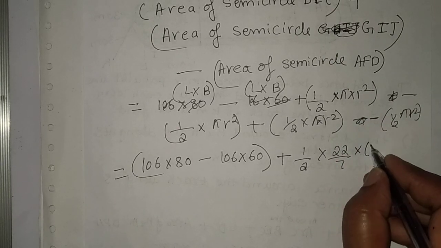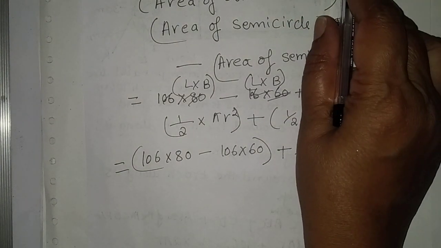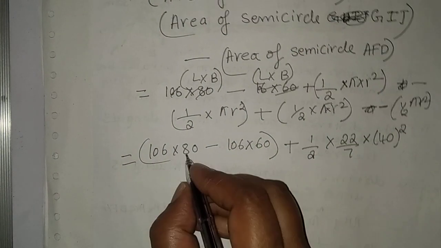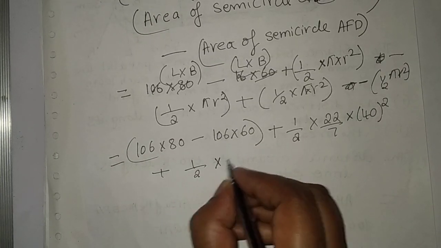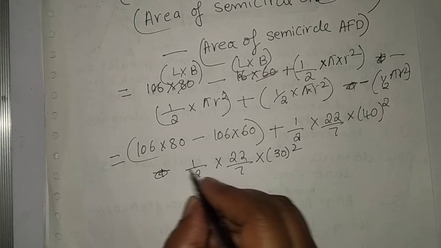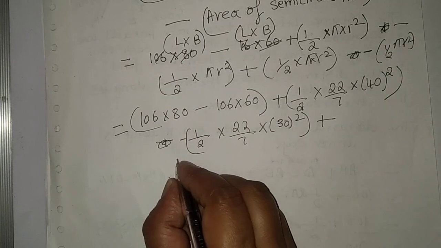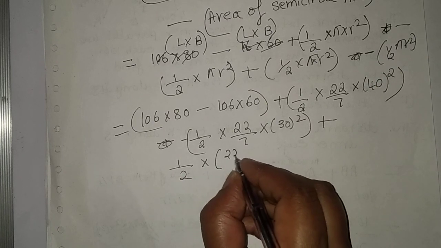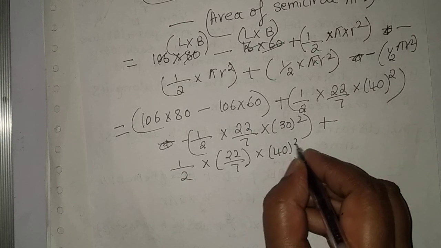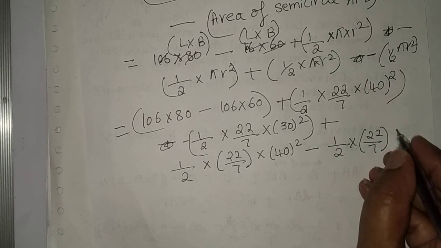The outer circle is 80 divided by 2, that is 40, and the inner is 60 divided by 2, that is 30. So 40 square, minus again half into 22 by 7 into 30 square, plus half into 22 by 7 into 40 square for the outer semicircle, minus half into 22 by 7 into 30 square.